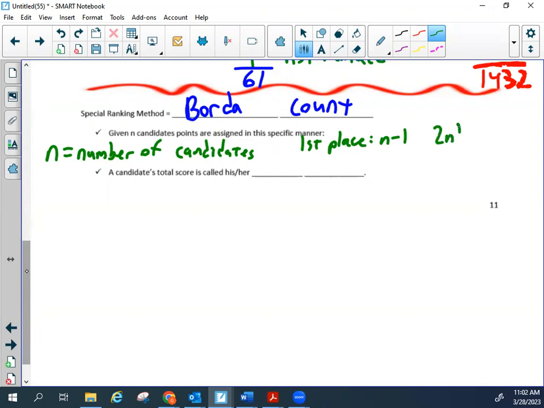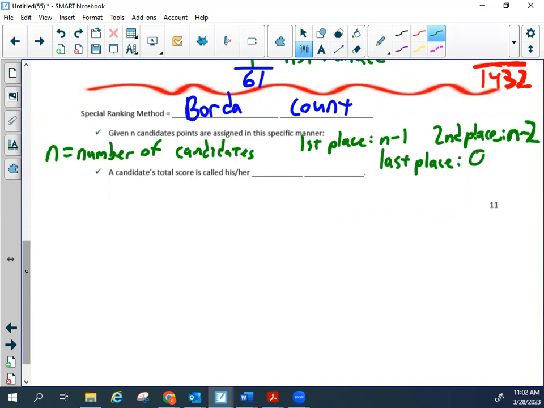Second place gets N minus 2. Because if we have 15 candidates, second place gets 13 points. And we go all the way down to last place, which is always going to be 0.